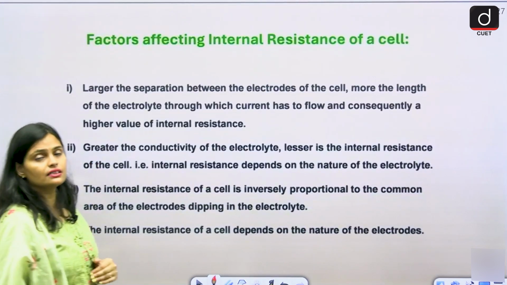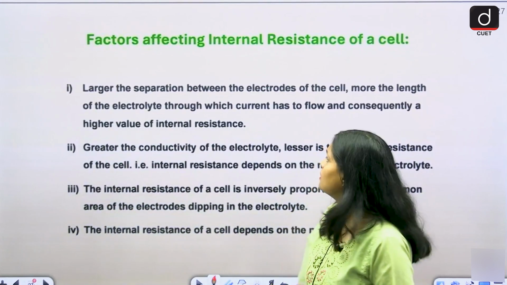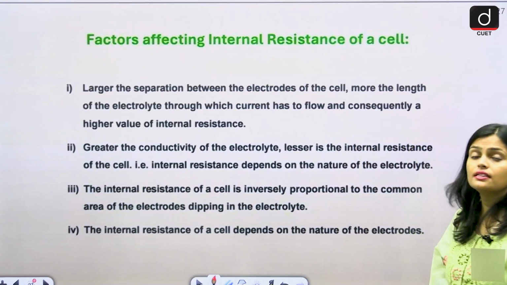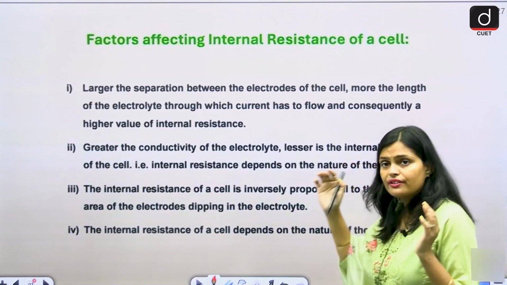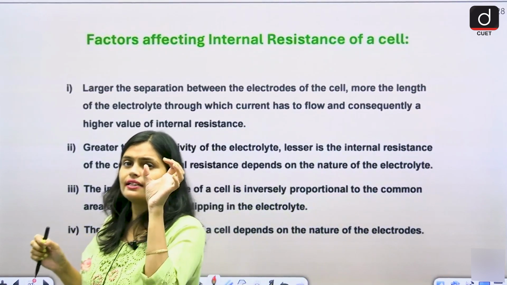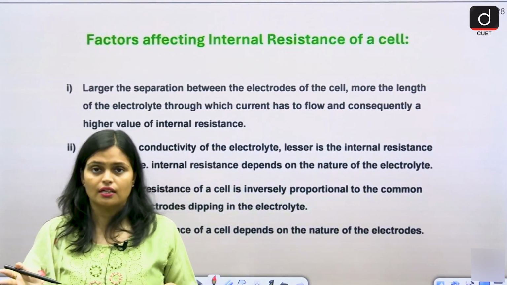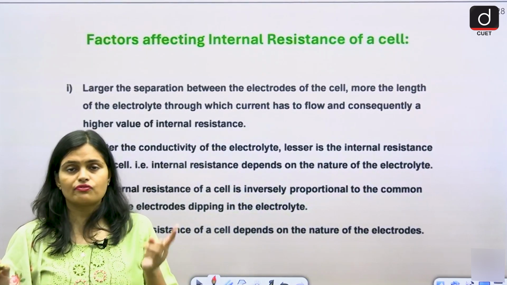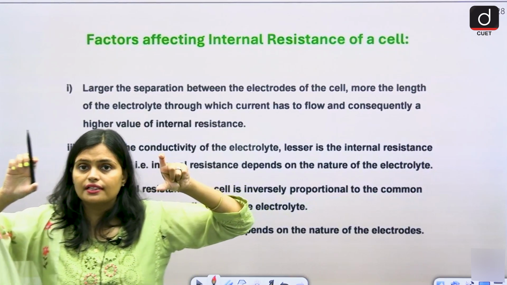What are the factors affecting the internal resistance? See, larger the separation between electrodes. Now if you have a galvanic cell or a Daniell cell, in that cell you have electrodes, one cathode and one anode you are using, right, and then the electrons are flowing and the current is generated.